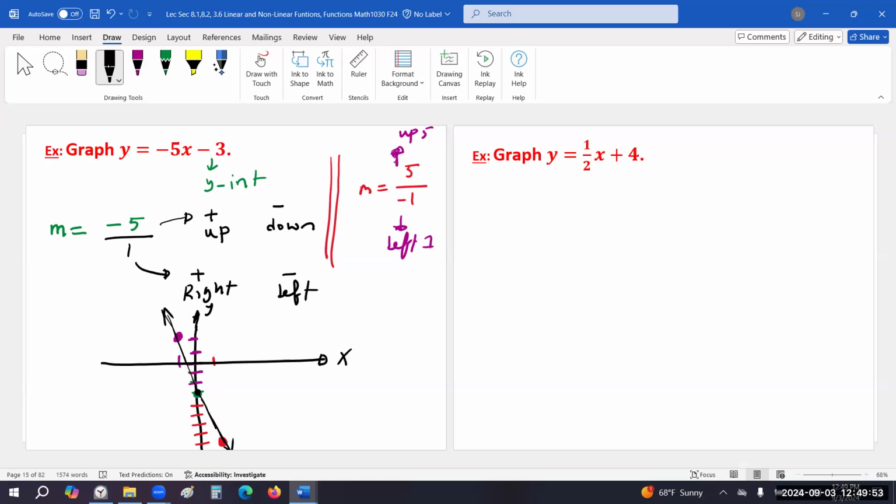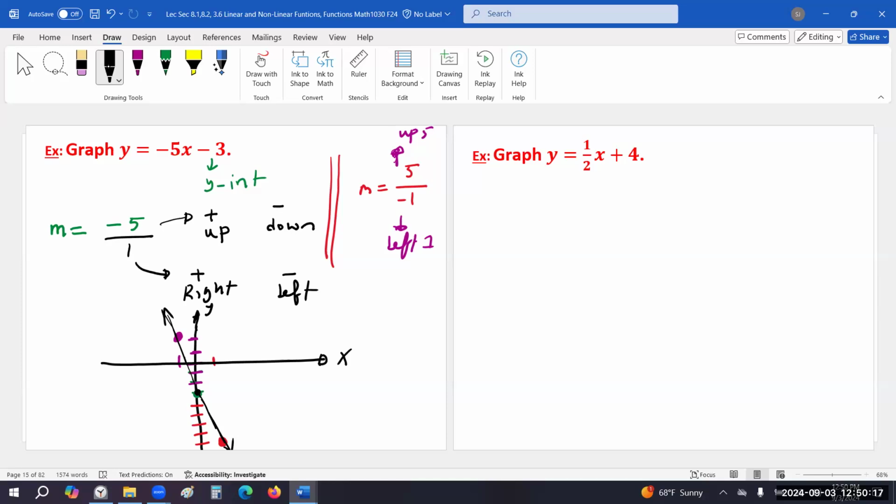Your first point is always the y-intercept. No, -3. -5 is the slope. Now from -3, you walk the slope. But in order to walk the slope, we need a numerator and denominator. So -5 is the numerator and 1 is the denominator.